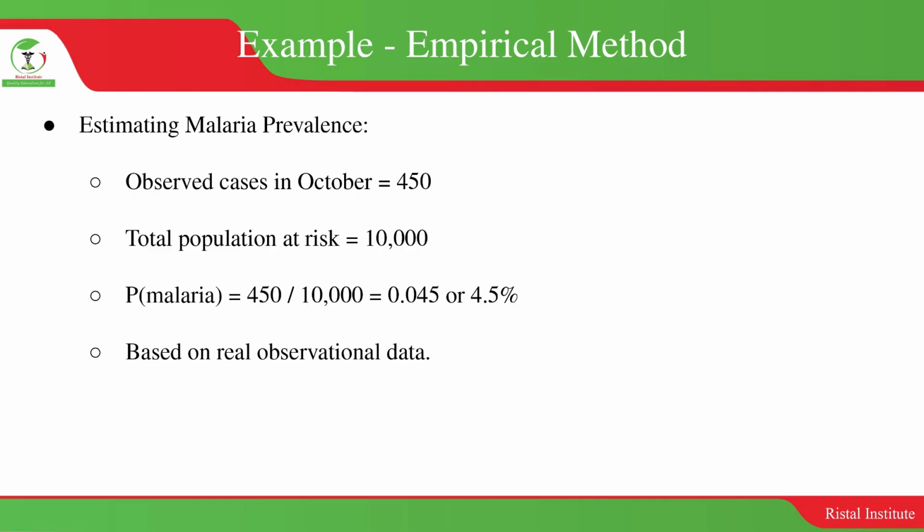So let's say you have 4,050 cases in the month of October, and here you are with your population of 10,000.